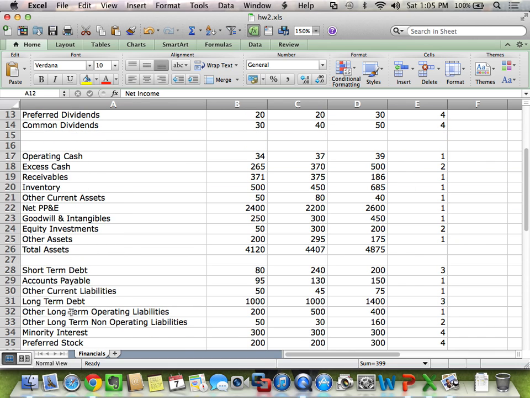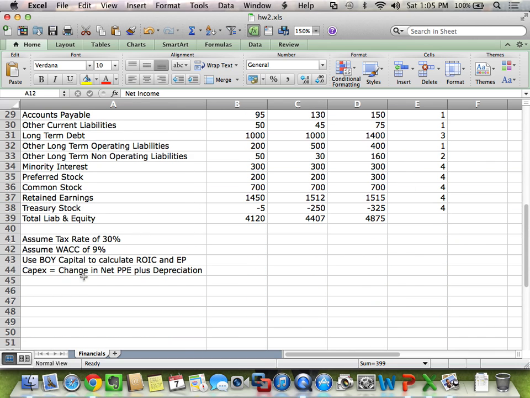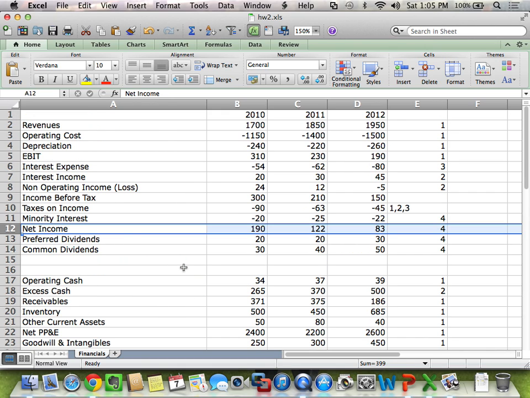It gives you a full balance sheet and an assumed tax rate of 30%, not 25%, and a cost of capital of 9, not 10. I usually will vary those from assignments to make cutting and pasting harder. And then we gave you that formula for Capex, and I said use BOY for ROIC and economic profit. I made your life a little bit easier and gave you all the labels, the 1, 2, 3, 4s. So you got 3 years worth of historical data.